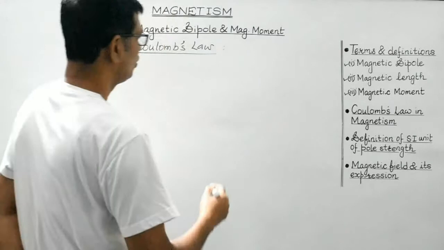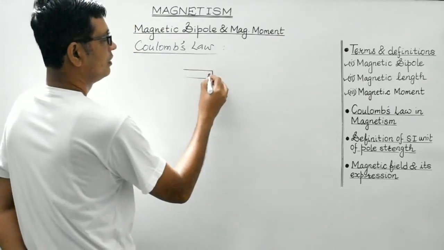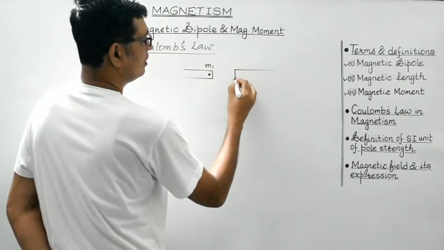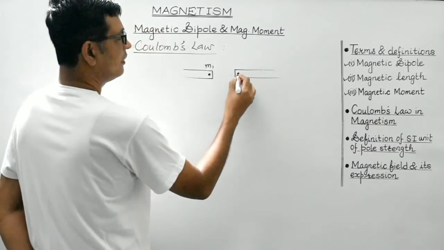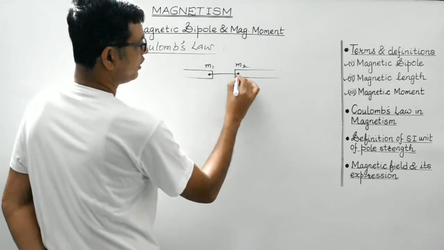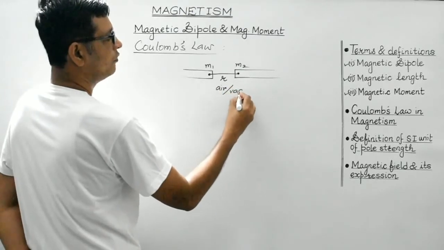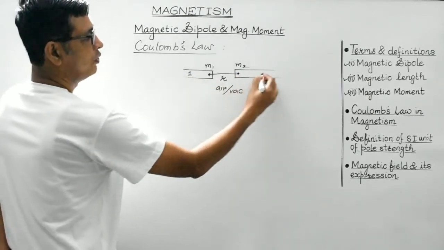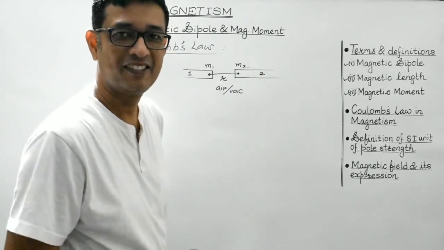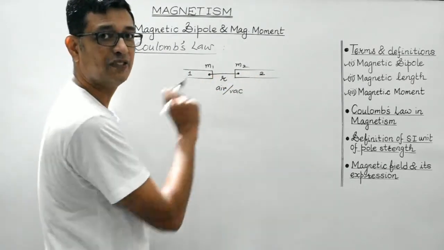So, let us consider 2 poles. Suppose one pole has pole strength M1 and there is another pole having pole strength of M2, right? And they are placed in air or vacuum at a distance of r. And students, 1 and 2 are the 2 long magnets, the 2 different magnets. That's why their pole strengths are different.